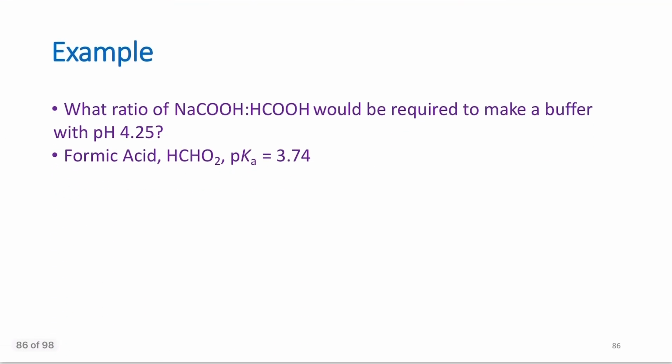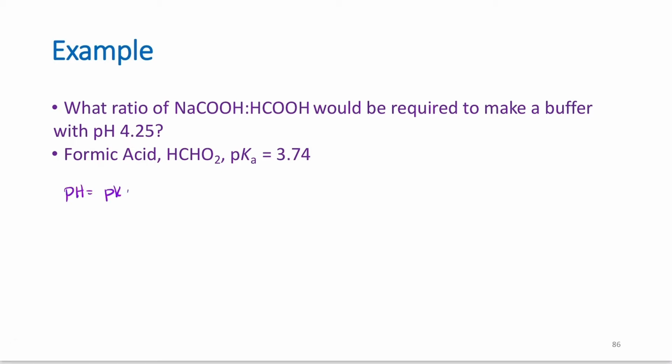What ratio of sodium acetate, no, that's not even acetate, that's formic acid. Sodium formate and formic acid will be required to make a buffer with a pH of 4.25. And it gives me the pKa value of formic acid. So I want the ratio of these two. I'm going to use Henderson-Hasselbalch because I like that equation.